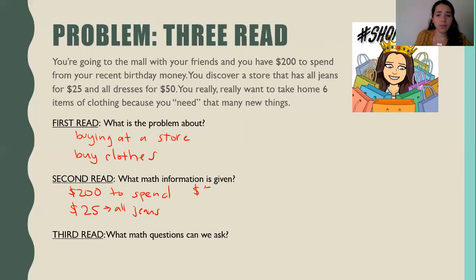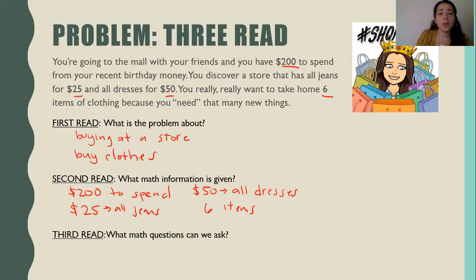And then $50 for all dresses. And there's one more thing. Well, you guys, good, and 6 items. 6 items. And that's all in here, the 200, the 6, the 50, the 25. And sometimes they type things out, so just careful.